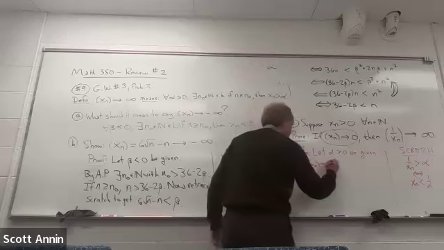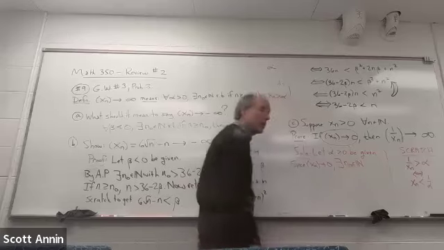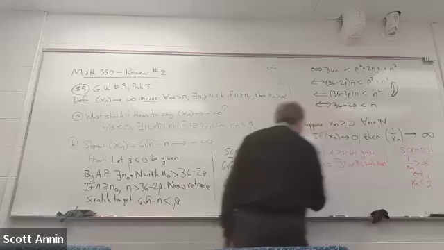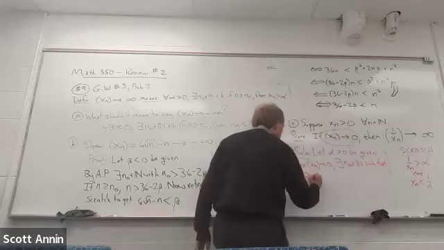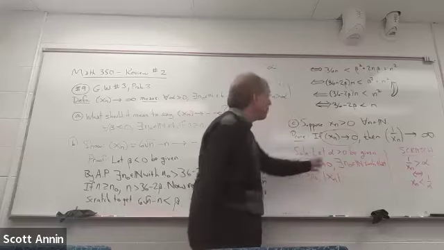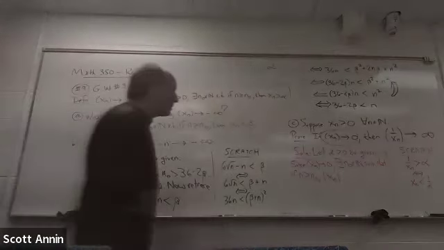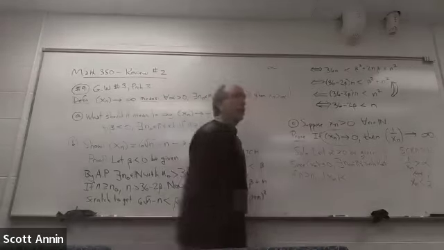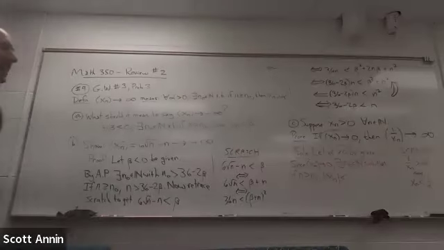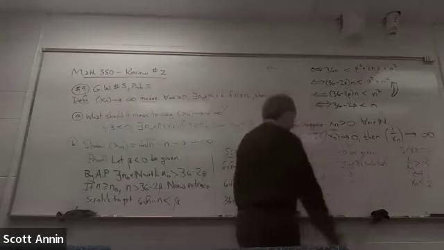Since xn converges to 0, we can find an n naught in the natural numbers such that if n is greater than or equal to n naught, the absolute value of xn (I don't need to write down minus 0) is less than whatever I want to put there. And what do I want to put there? 1 over alpha.